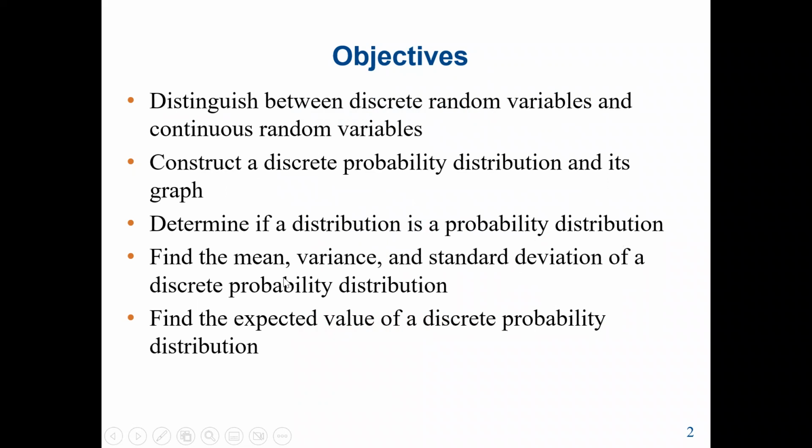We're also going to learn how to find the mean, variance, and standard deviation of a discrete probability distribution, and also how to find the expected value of a discrete probability distribution. Now, the expected value of a discrete probability distribution is the same as the mean value.